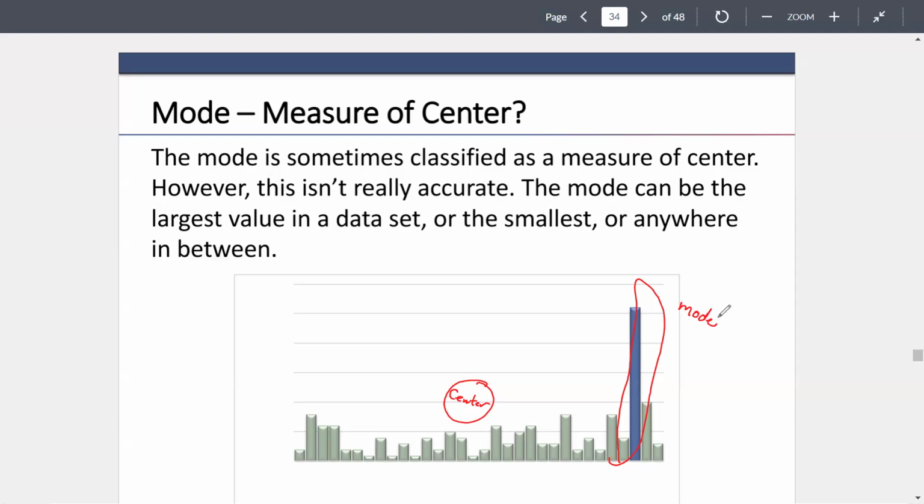Like I said, they're classified as a measure of center, but they're not a really great measure of center. However, this is where we get modality from, because this distribution has a big bump right there. At that mode is where that big bump happens.